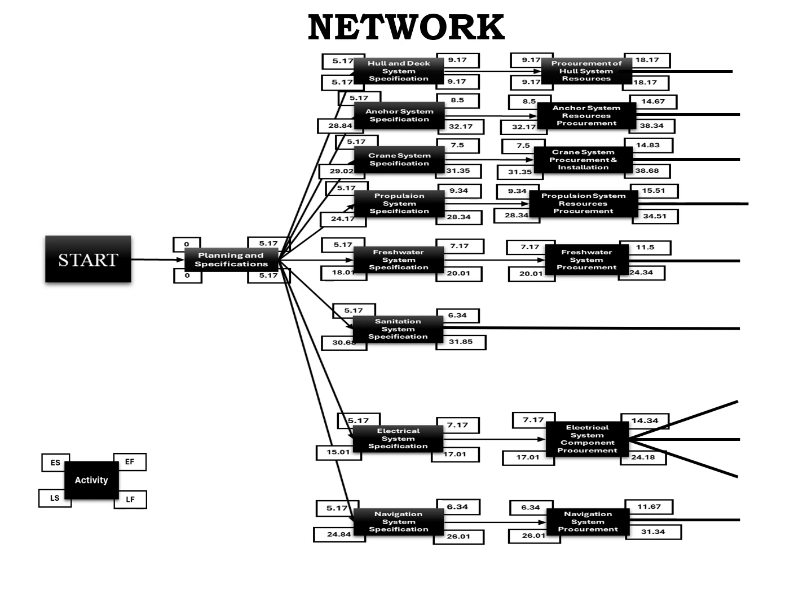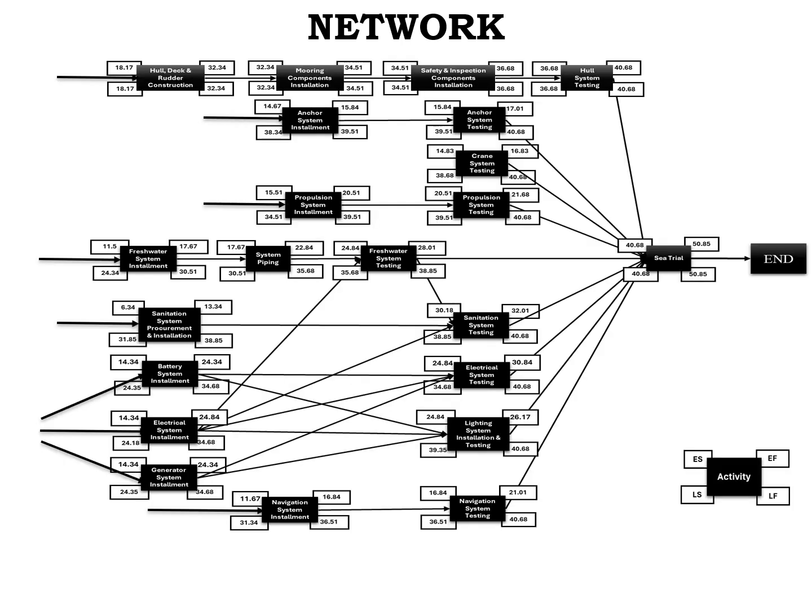And then moving further to the next part of the network model, we can see the electrical system moving into the freshwater testing node, to the sanitation system testing, and to the lighting system installation and testing. And then the rest of the network model moves into the sea trial after the testing is done.